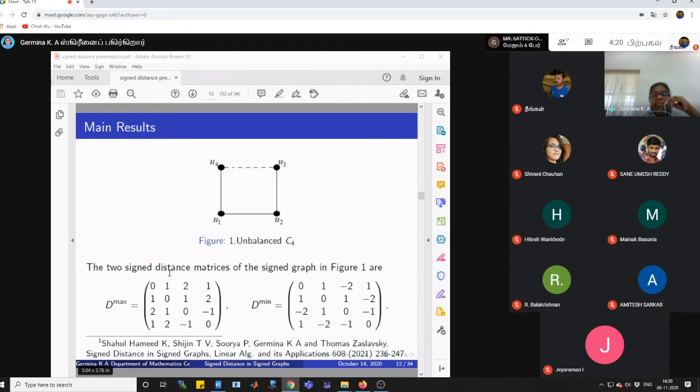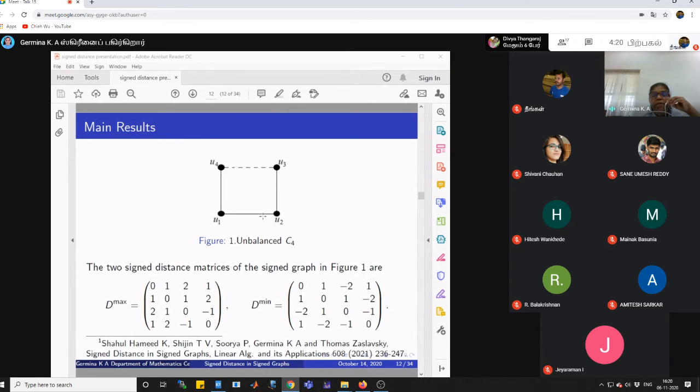D max. Let us see, this is u1, u2, u3, u4, and u1, u2, u3, u4 on both sides. u1, u1 is definitely 0. Let us look at u1, u2. It is only one edge, so it is definitely 1. For u1, u3, I can travel from here to here or the other way.